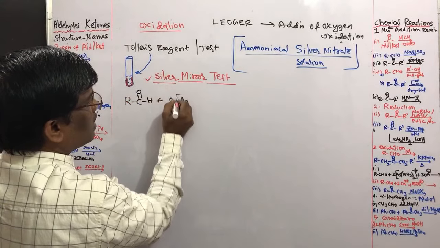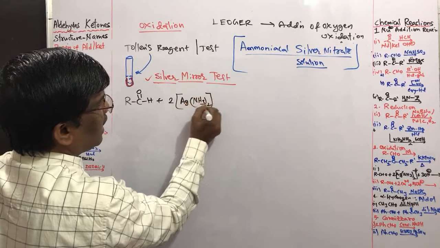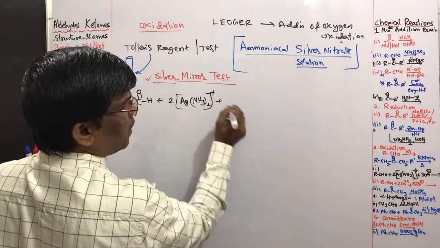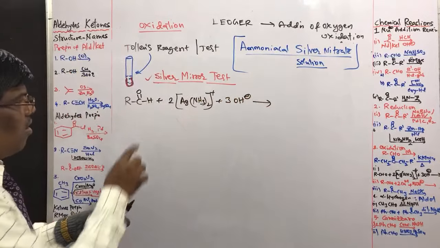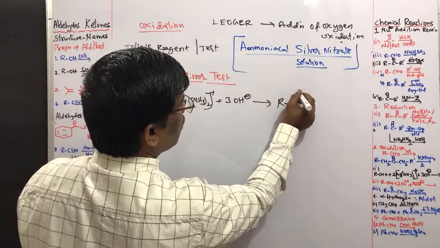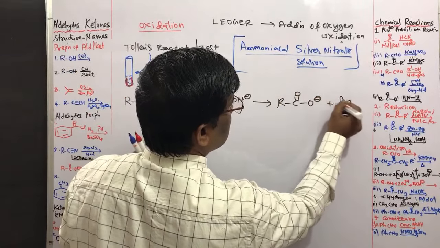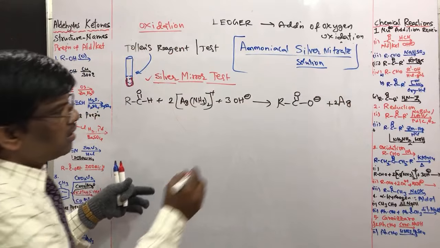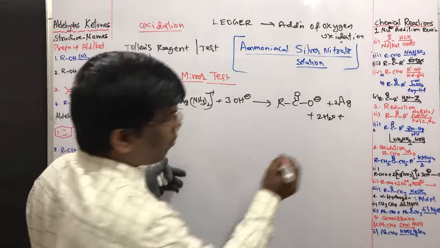The ammoniacal silver solution has a positive charge, with nitrate, and in the presence of base, hydroxide, the aldehyde is oxidized to the acid RCOO minus, and it forms silver, then 2H2O, and the remaining is ammonia.